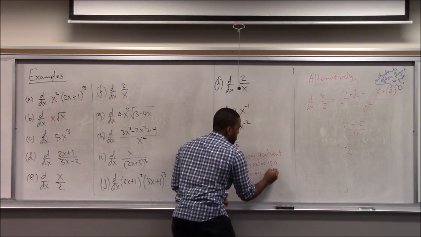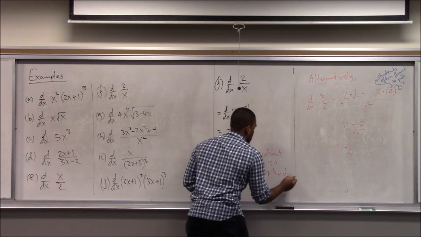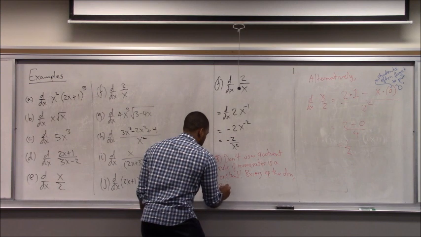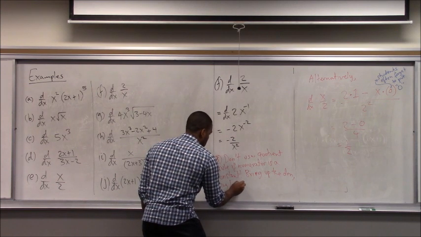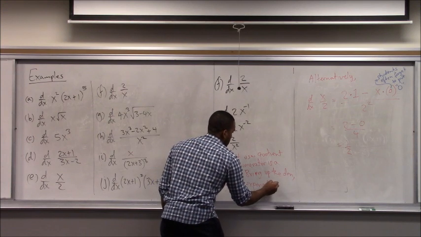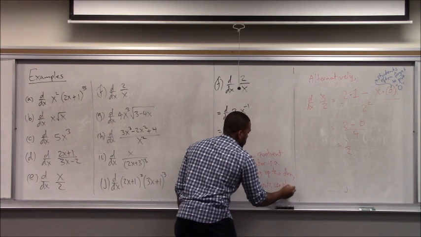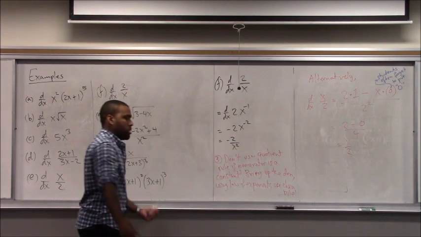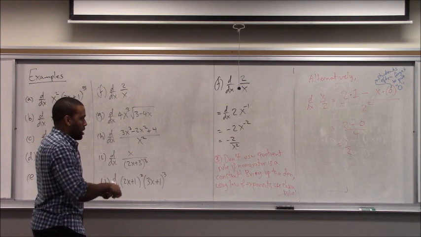You need to bring up the denominator using law of exponents. And then use the chain rule. It will usually be an application of the chain rule. In this case, it was the power rule, but if you can do the chain rule, it's not going to make much of a difference.